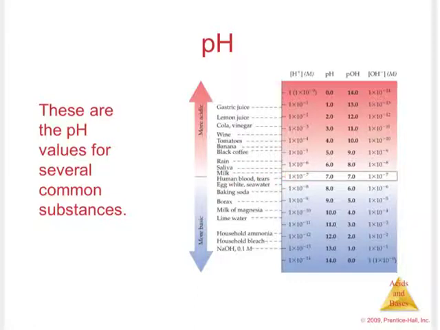And then in the more basic, you can see bases tend to be slippery and slimy and used for cleaning. And so bleach and ammonia are examples of fairly strong bases with high pHs, and sodium hydroxide or lye, drain cleaner, is another very alkaline substance.